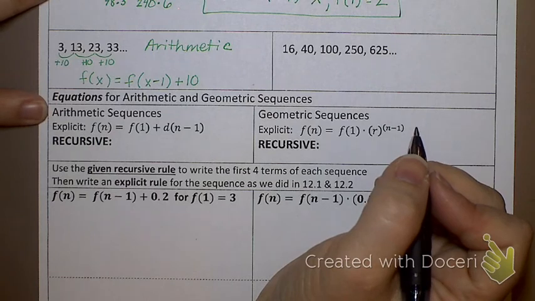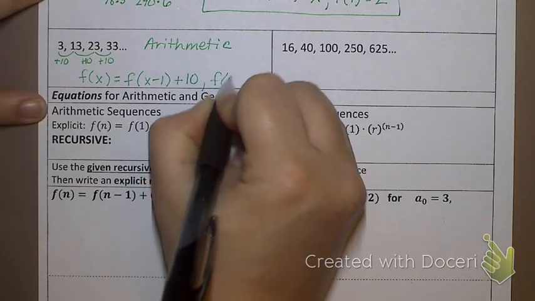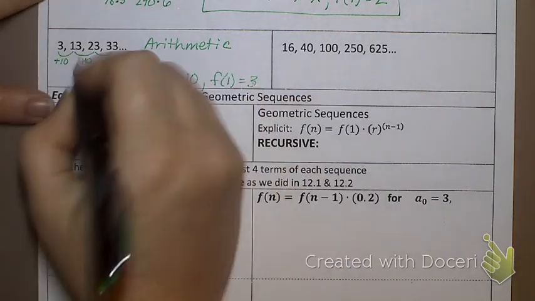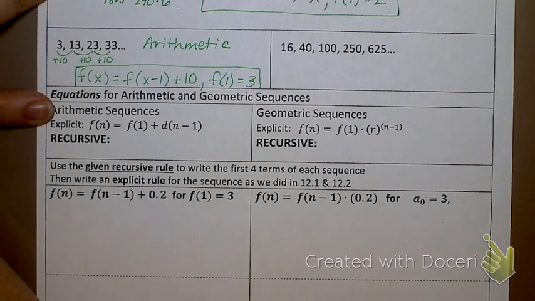And what else do I have to include in my rule? The first term. Does that help me find the 50th term very easily? No, I would much rather use an explicit formula for that.